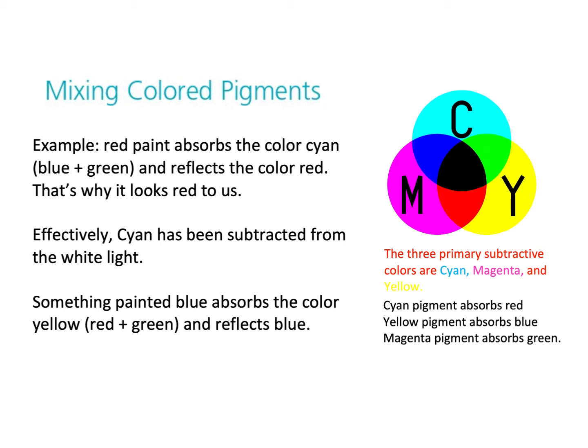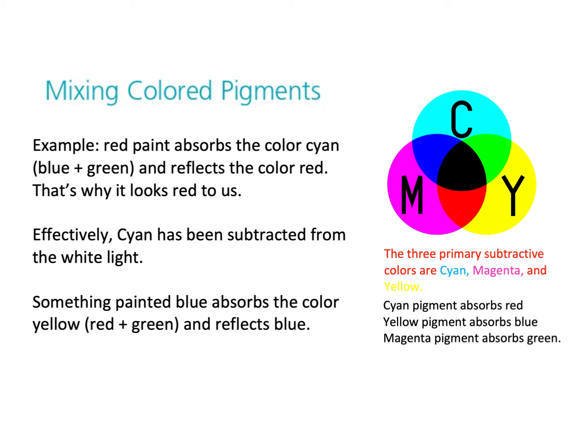Now, in one of the previous slides, we had the three optical primary colors, red, green, and blue, and when you mixed them in the middle, you got white. Here, when you mix the primary colors for printing, cyan, magenta, and yellow, all together, you get black.